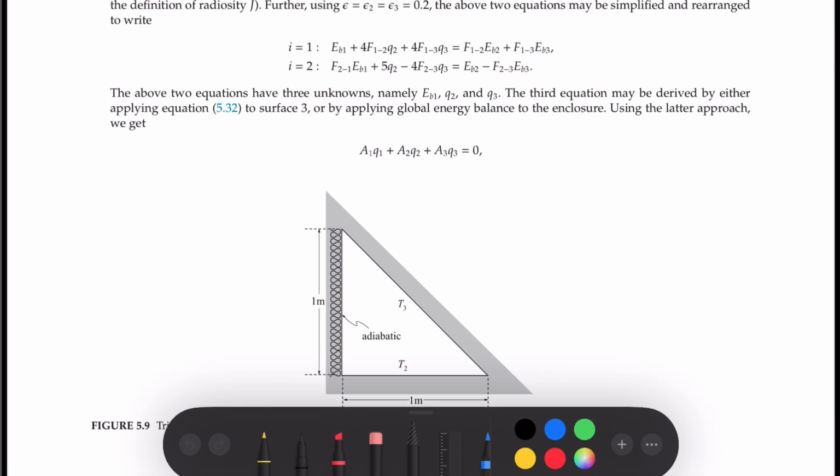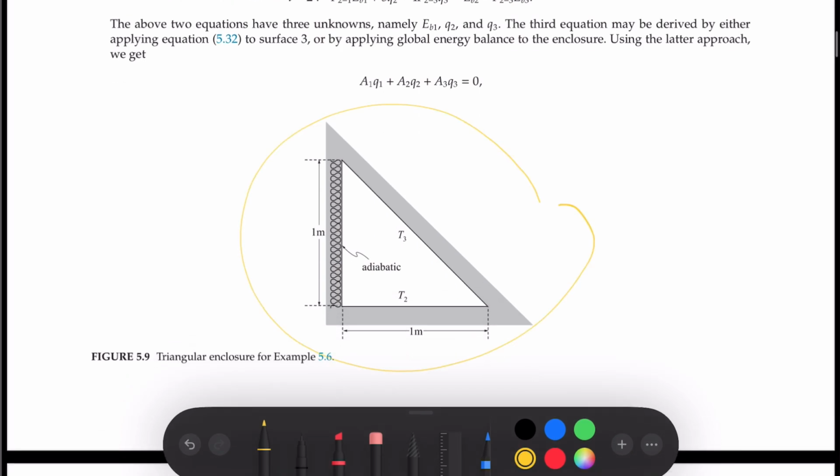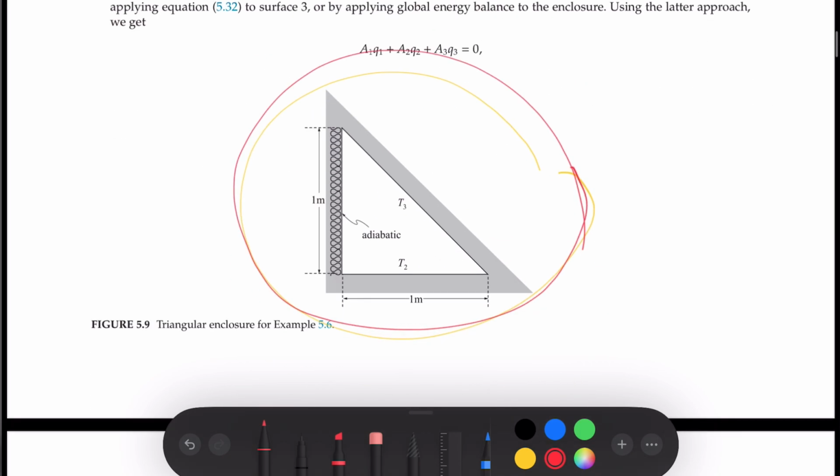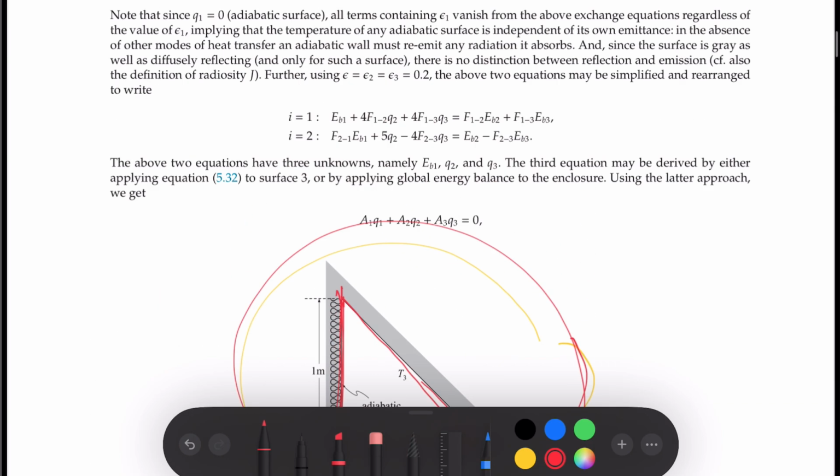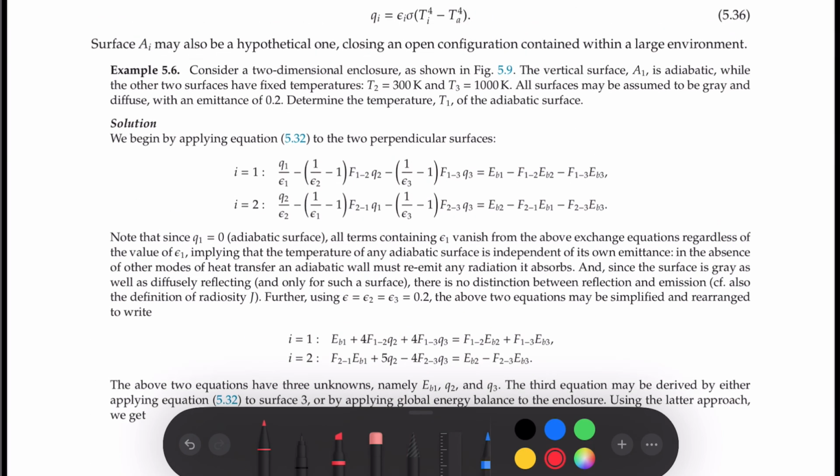We need to consider this figure, and here you can see that this surface is adiabatic. This surface has a temperature T2, this surface has a temperature T3, and the dimensions are given. It says the vertical surface A1 is adiabatic while the other two surfaces have fixed temperatures. The values of the temperatures are given.